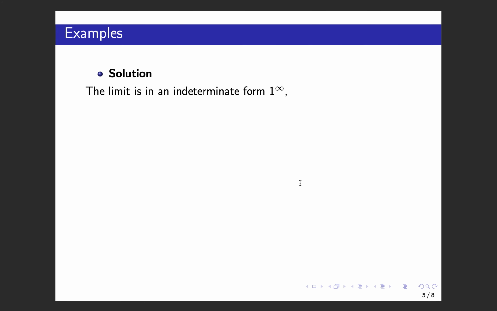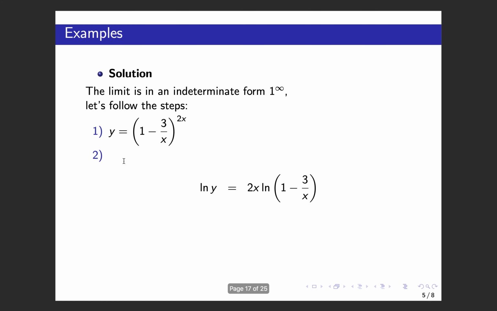So we use the steps, set y equals 1 minus 3 over x to the power 2x. Then you hit both sides by natural log, ln, you get 2x ln of 1 minus 3 over x. When x goes to infinity, this function goes to infinity, and this one will go to 0.